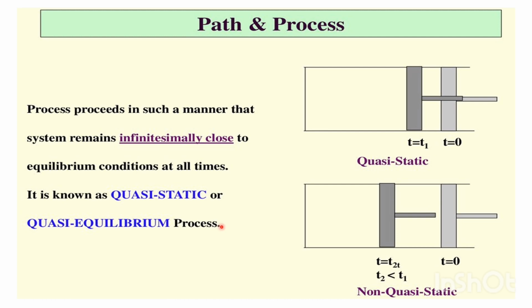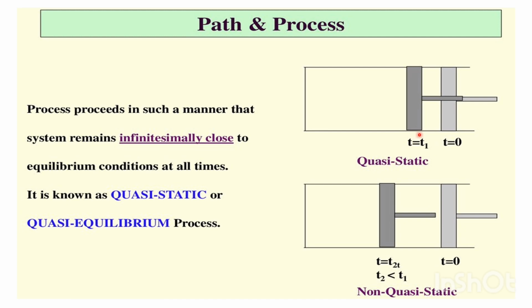So a quasi-equilibrium process means a very slow compression process or a very slow expansion process. Quasi-static means it should be a very slow process, either a compression or an expansion.